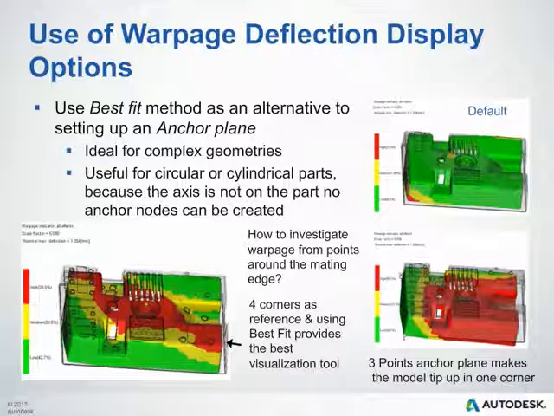That's going to be slightly better on this part, but second best, you could always put an anchor plane on there. You could put an anchor plane in each corner of the part and see how it tips. It all depends on how you're going to really visualize this in reality and measure this in reality, because we want to use a similar measuring technique so our results align.